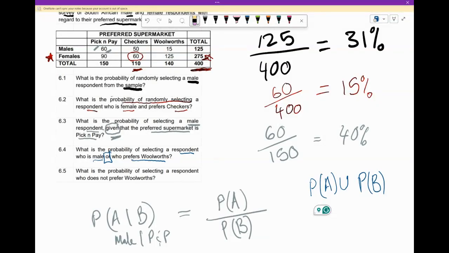Remember we're saying, what's the probability of having A? And A is, in this case, the probability of having a respondent who is male, or the probability of the person we select prefers Woolworths.